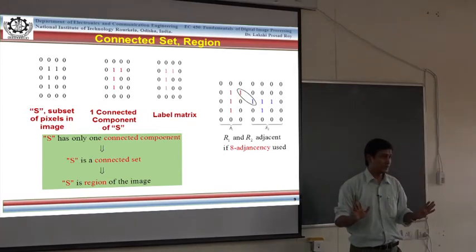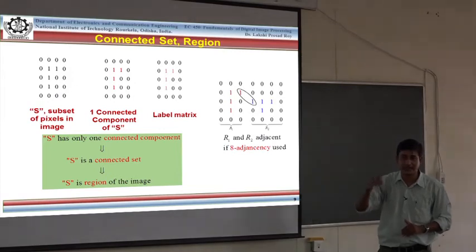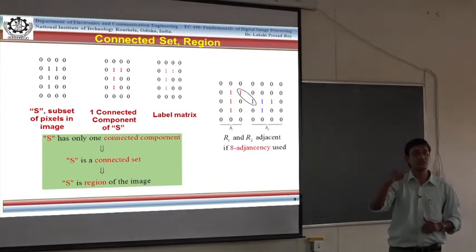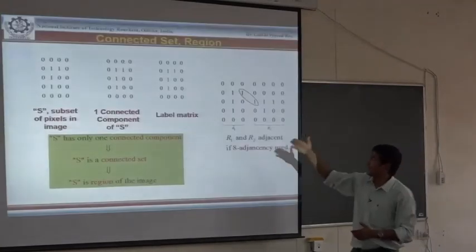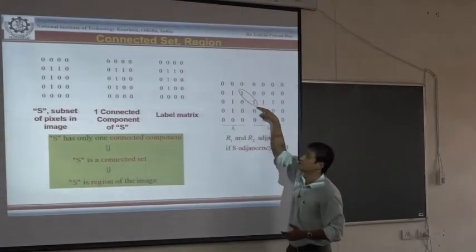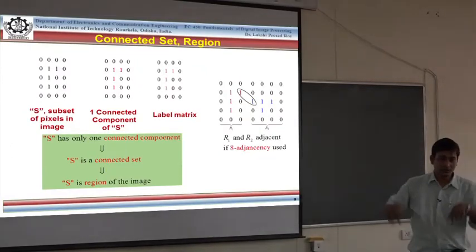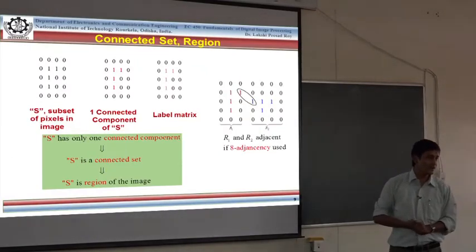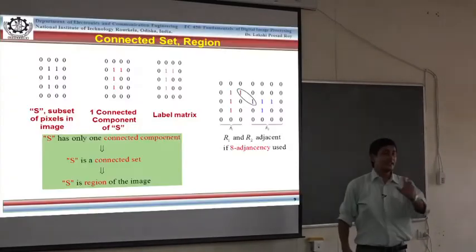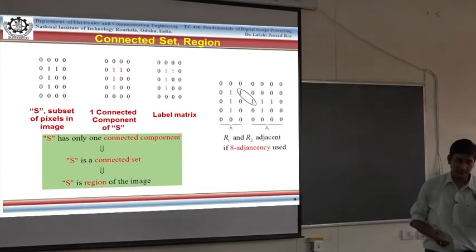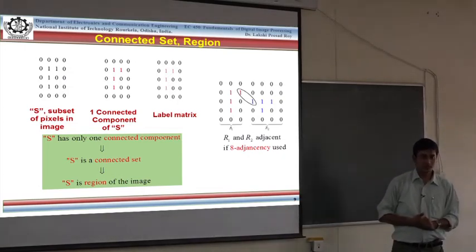Fine. But I could go for diagonal. If I go for diagonal adjacency ND, but we do not define that, we have defined only 8 adjacency. Then I can go for finding the 8 adjacency. In that I found these two are having the same intensity, V equals {1}, with intensity value 1. So, I will say these two regions are 8 adjacent, not 4 adjacent. Okay.